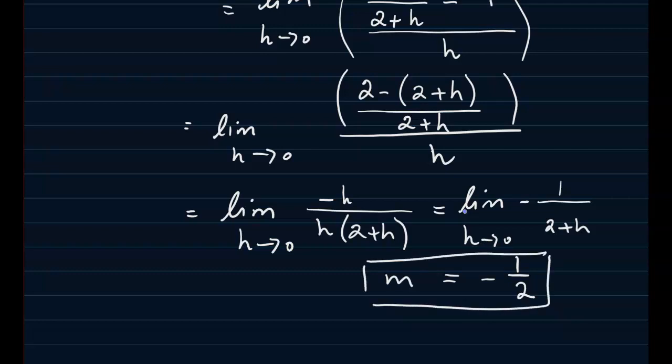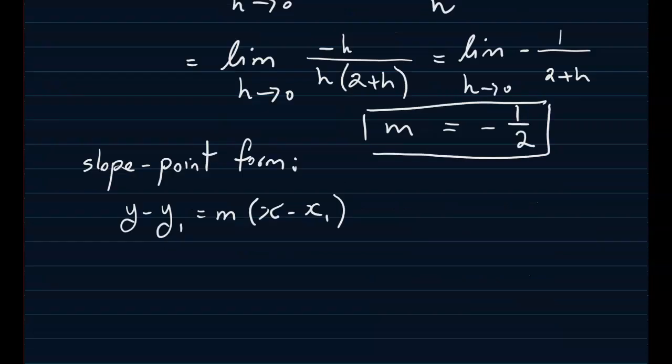Now that we have the slope of the tangent line, we can go ahead and get the equation of the tangent line using the slope and a point. Just to refresh our minds from high school mathematics, the point-slope form is y minus y1 equals m times x minus x1. m is the slope, and (x1, y1) is the point on the graph.